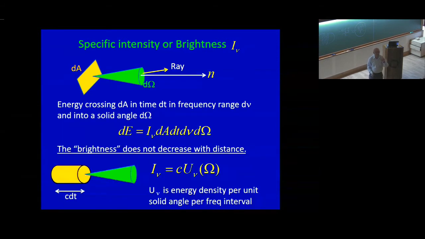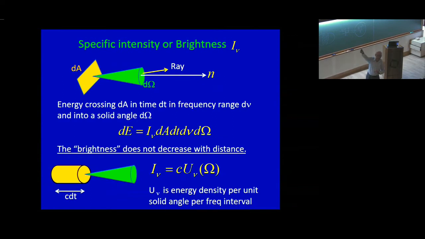Specific intensity or brightness. Now, the fundamental thing about this is that this brightness does not decrease with distance. We loosely say intensity decreases as 1 over r squared, but not the intensity defined in this particular way. The difference between the conventional definition and this is the presence of the unit solid angle, d omega there.